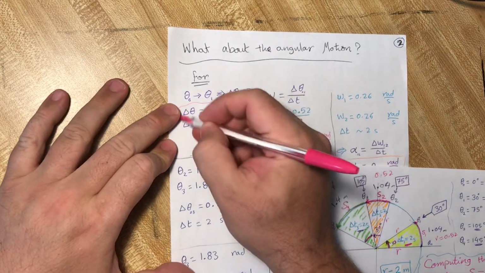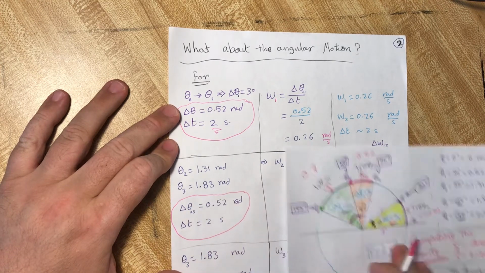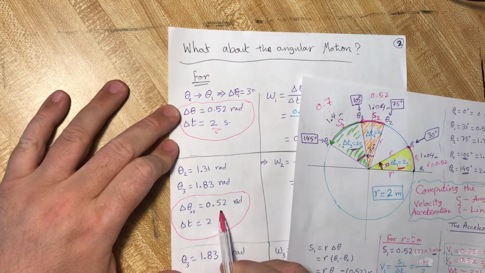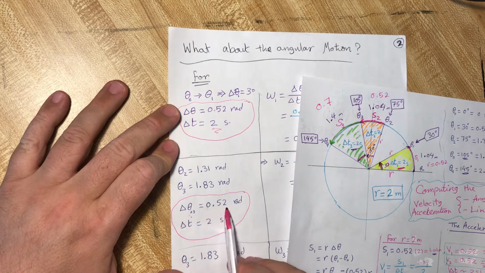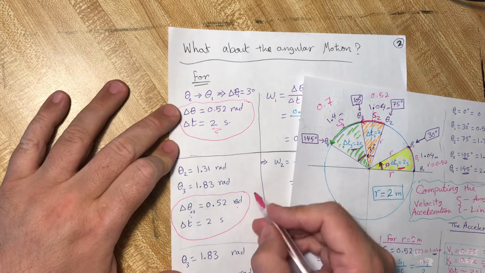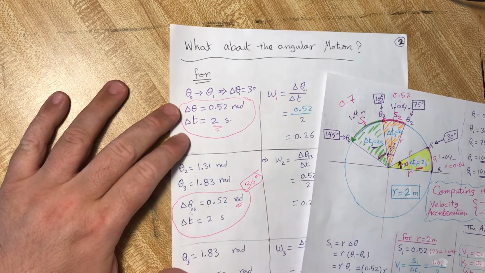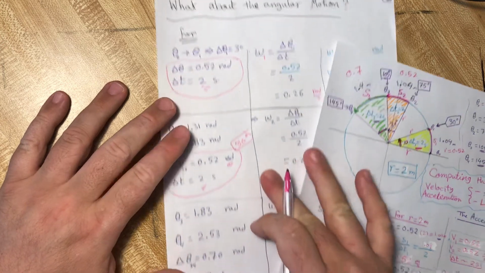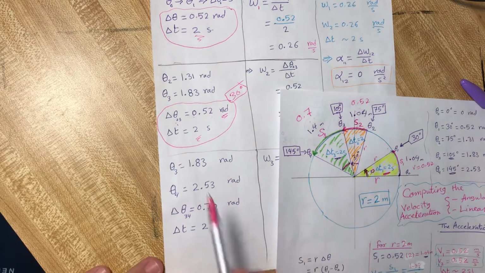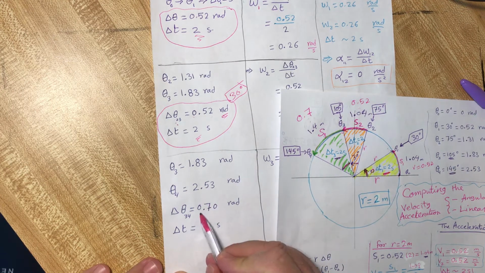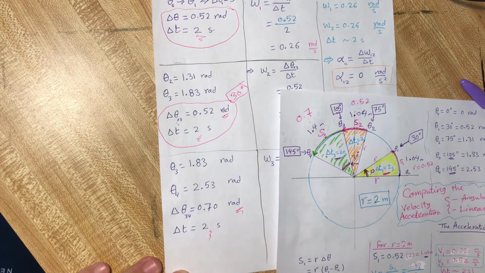Also, between the point 2 and 3, we have a change in angular position of 0.52 radians. It is 30 degrees, but we need it in radians, during the same time. In the third section, which is the green one, the change in angular position is 0.7 radians during the same time.